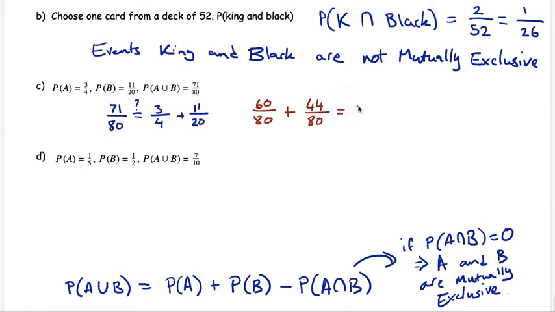What we get now is 104/80, and that, of course, is not equal to 71/80. And therefore, these events are mutually exclusive.